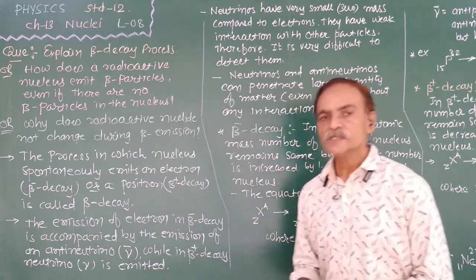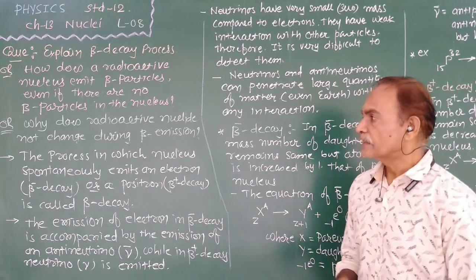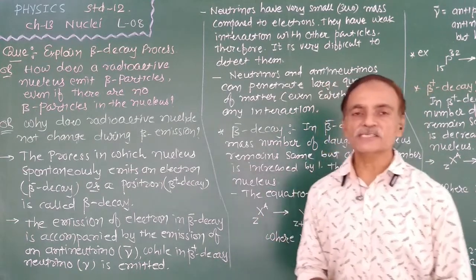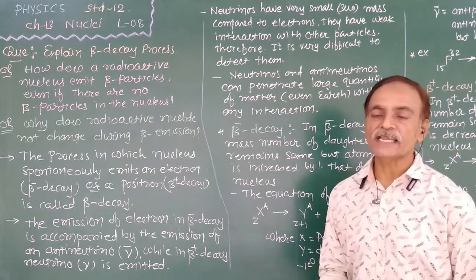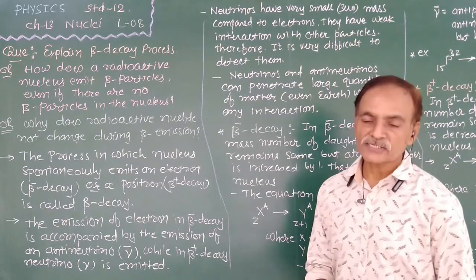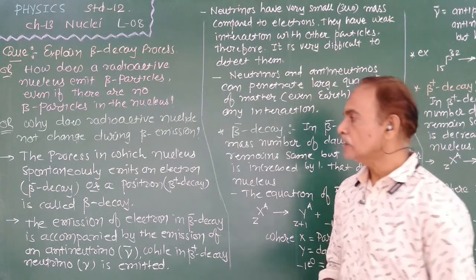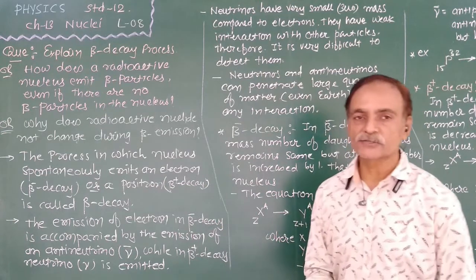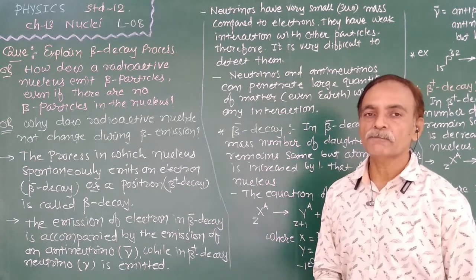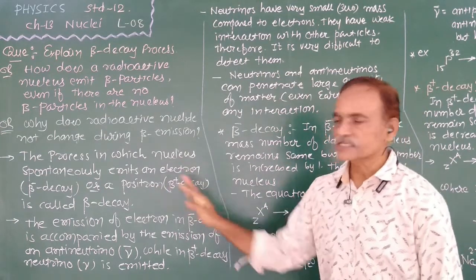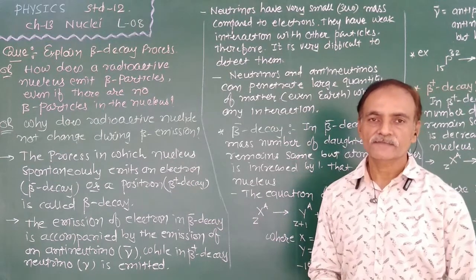Now, what is the beta decay process? The process in which the nucleus spontaneously emits an electron is known as the beta minus decay, or if it emits the positron, that is known as the beta plus decay. This process is known as the beta decay.